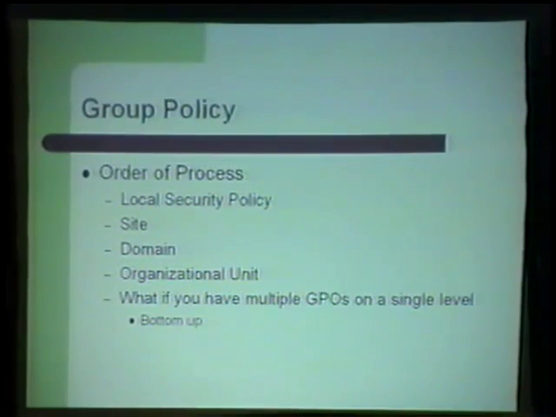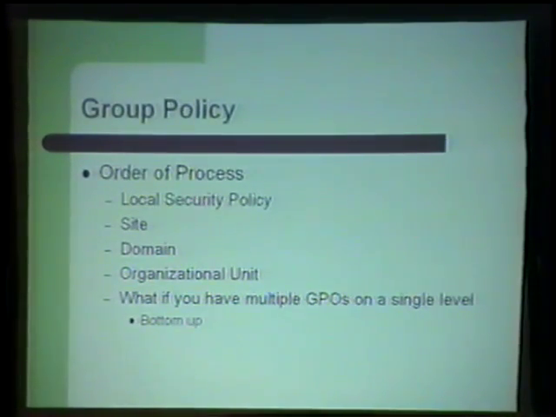What takes precedence? The way it works is that the first thing it applies is the local security policy. It applies a local security policy across the computer. The next is the site, which means that if there's anything in the site that's different than in the local security policy, it will be changed. That site will take precedence over local security policy.